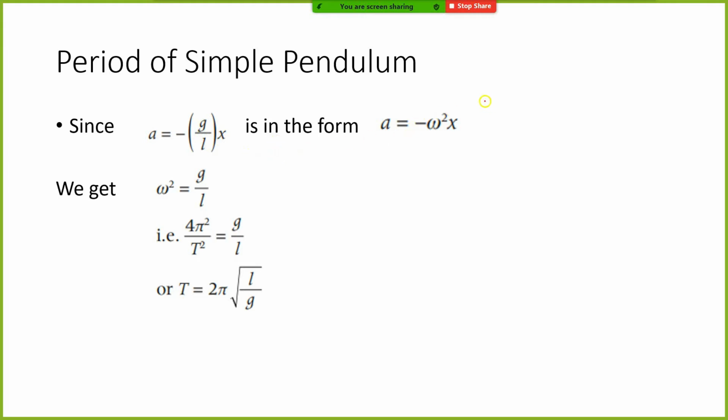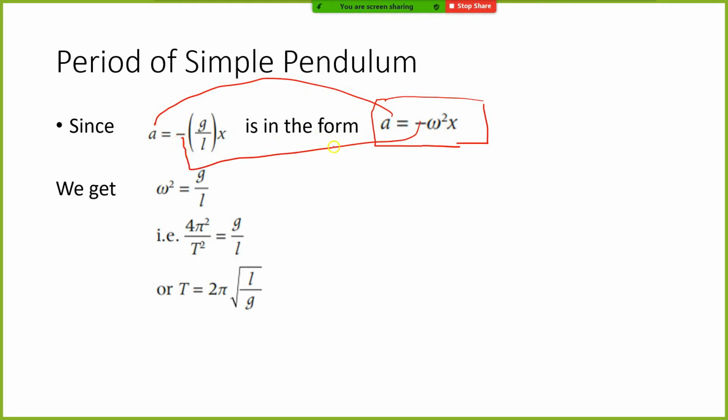It is in the form of this, where A corresponds to this, the negative corresponds to the negative, and the x corresponds to the x. So at the end of the day, this g upon L must correspond to omega squared, because it is in the same format.